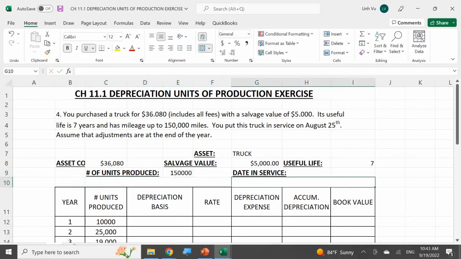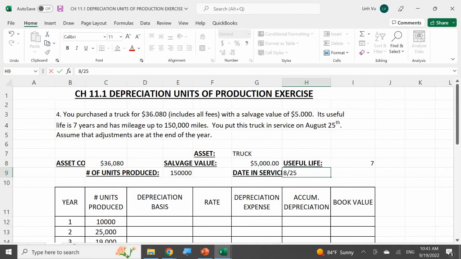And when is the date that I placed it into service? Date of service is August 25th. So what does that mean? If I place it into service as of August 25th, when do I actually start depreciating it? At the end of the year?